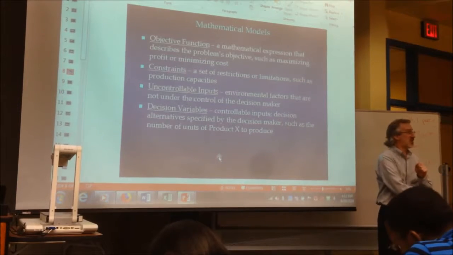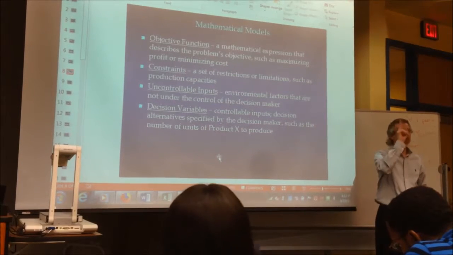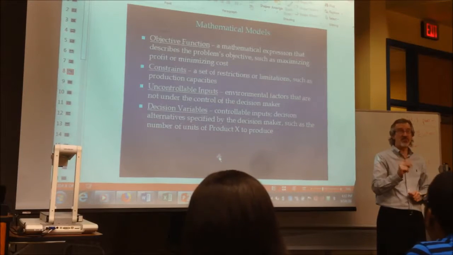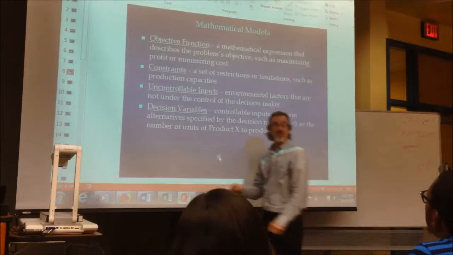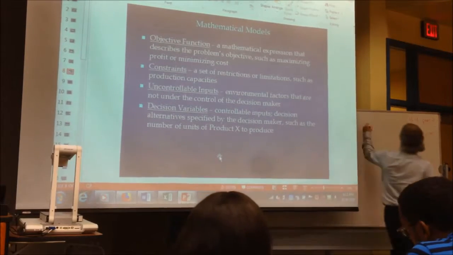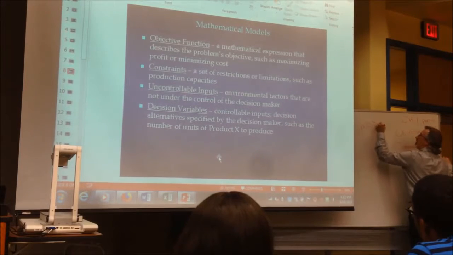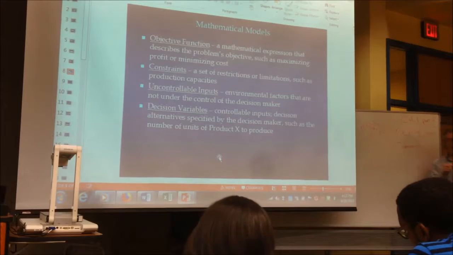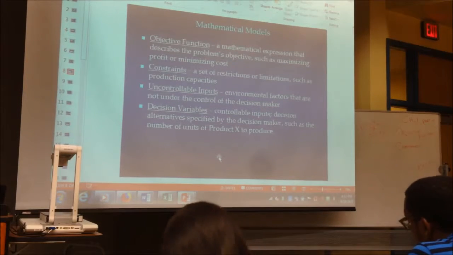An objective function always has one of two words to start it off: maximization, abbreviated MAX, or minimization, abbreviated MIN. So it's either a max or a min. You have to use common sense to figure out which one it is when you read the problem.